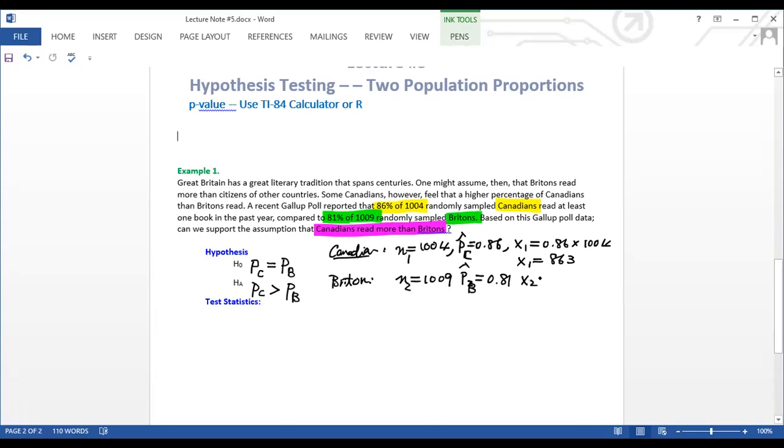Then X2 is basically 0.81 times 1009, and you round it, so you get about 817 people here.